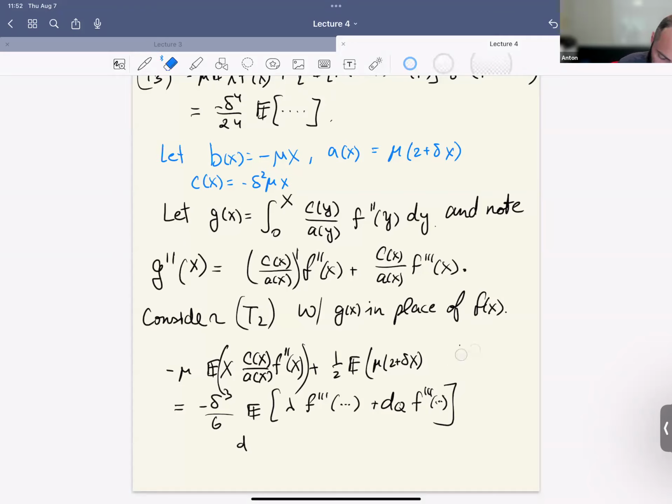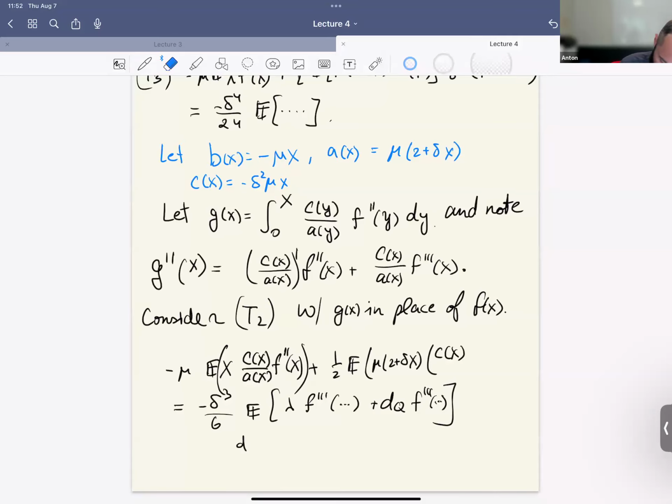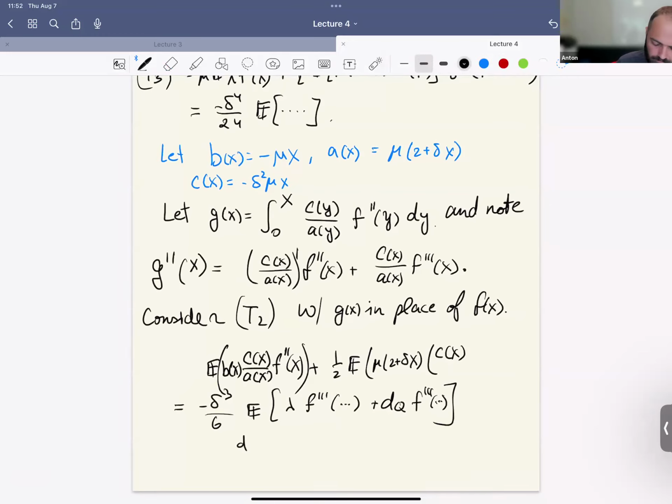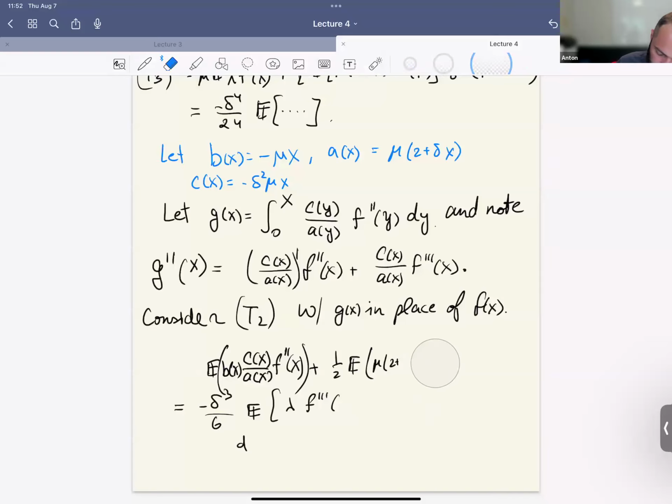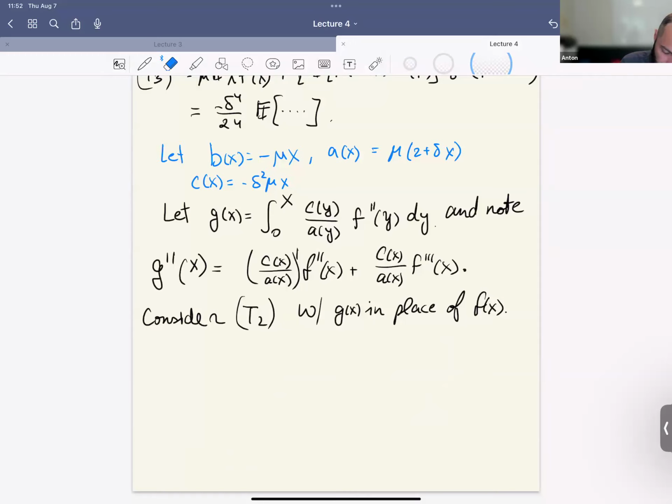And instead of f double prime, I have C of x. Let me write this a little differently. This mu of x is b of x. So let me start from scratch, because otherwise it's too confusing doing the back and forth.